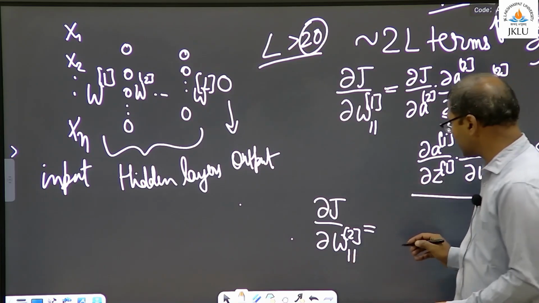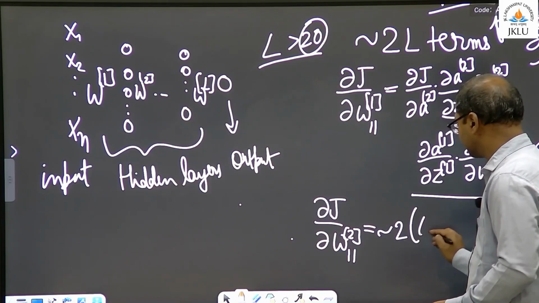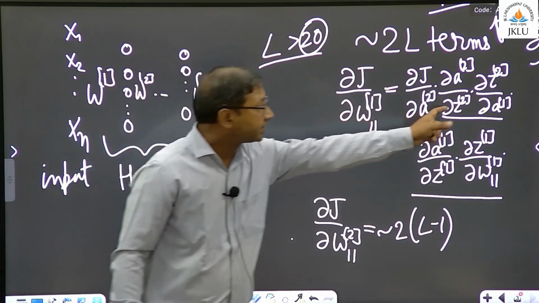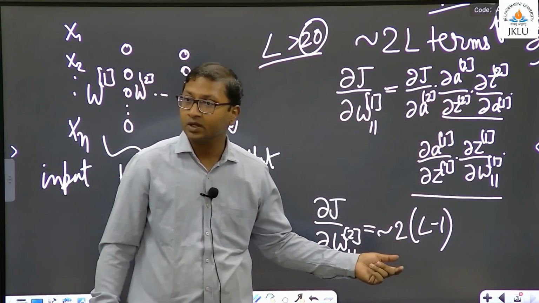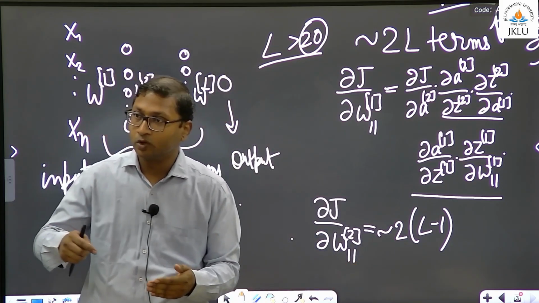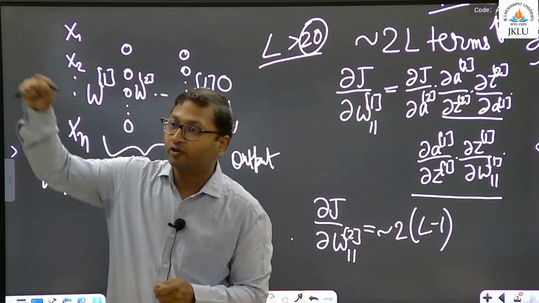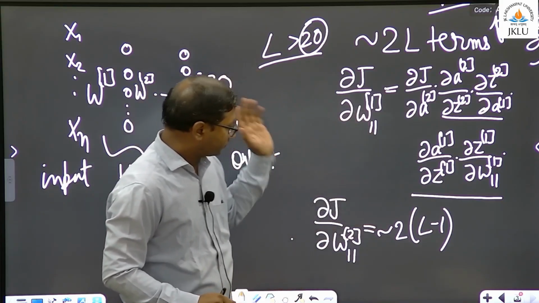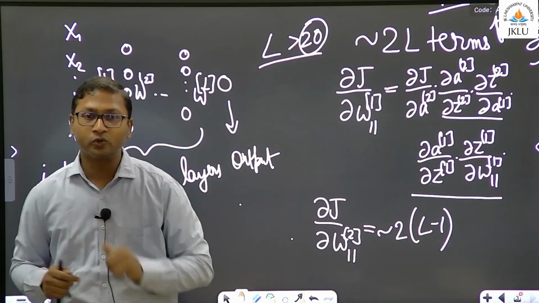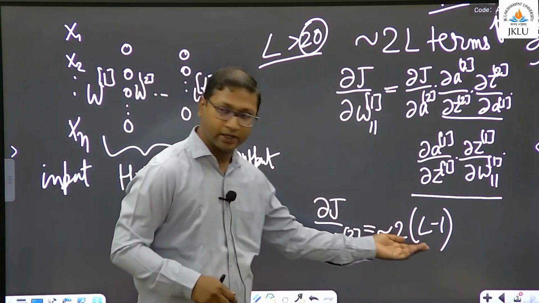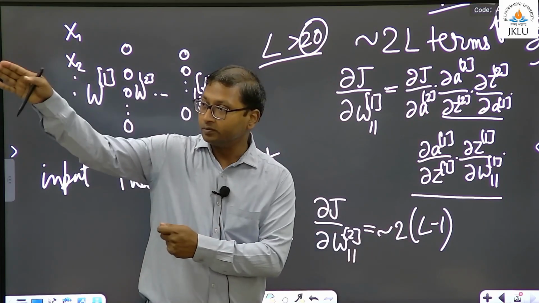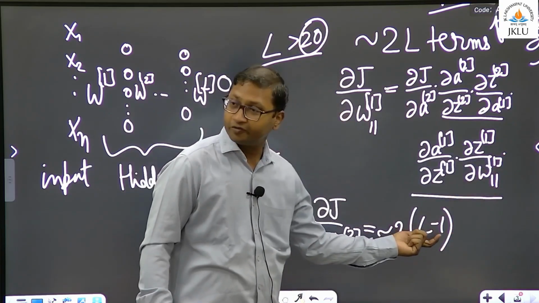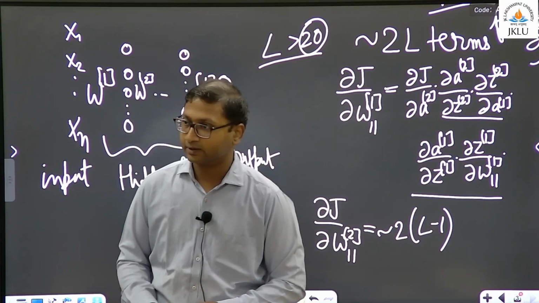So, basically 2 less means roughly, how many partial derivative terms will you have? As many as, twice as many as you are far from the output layer, right, roughly that much. So, of the order of 2L, not 2 to the L. How far are you from the output layer? So, as you go closer towards the output layer, the number of terms will decrease.